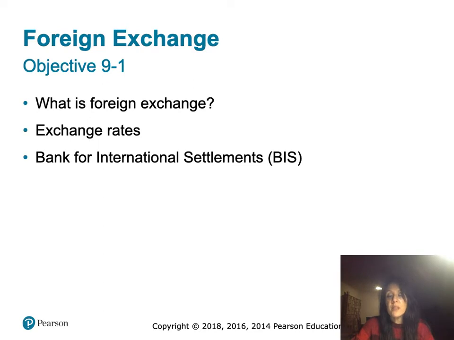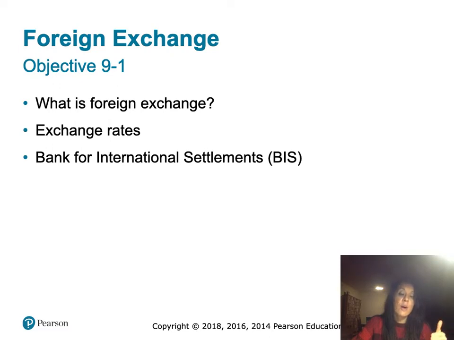It's basically the price of a currency, specifically the number of units of one currency that buy one unit of another currency, right? So let's say if we look at the exchange rate between the dollar and the pound, you will be looking at the number of units of pounds that you can buy with $1.